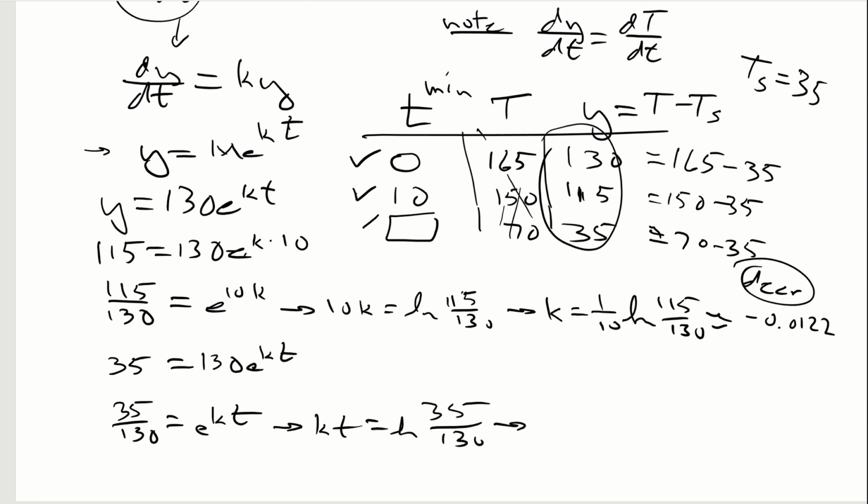So t is equal to natural log of 35 over 130, divided by k. Now remember, store that k in your calculator and use it in this equation right here.